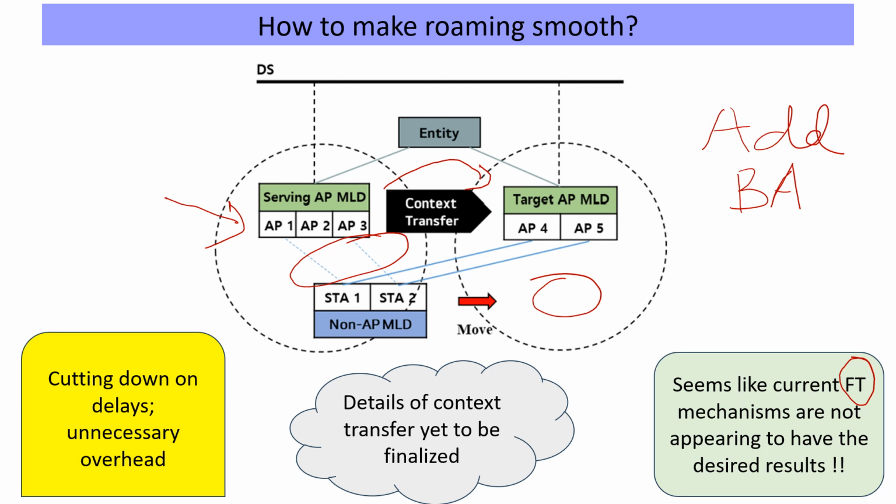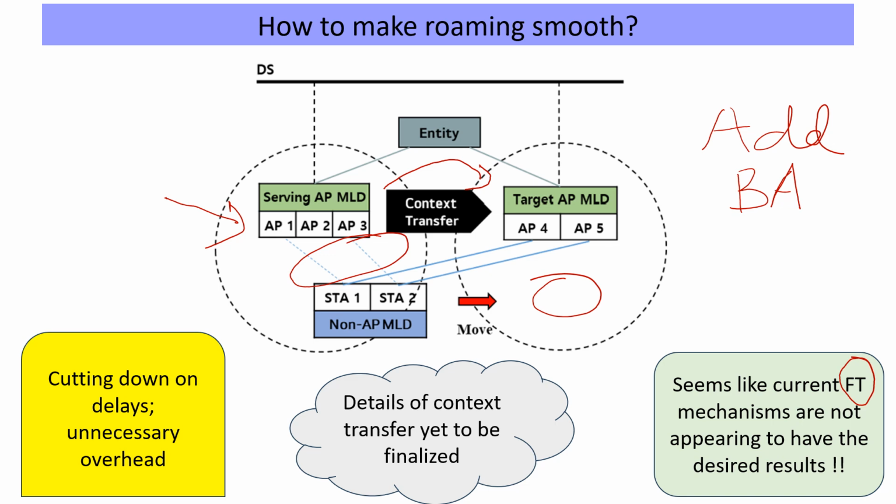And people have looked at these numbers in detail and made contributions during this Wi-Fi 8 deliberation stage. So the idea is how can we make this generic case of multi-link to multi-link transfer smoother and address some of the pain points that are still pending from our legacy roaming techniques.